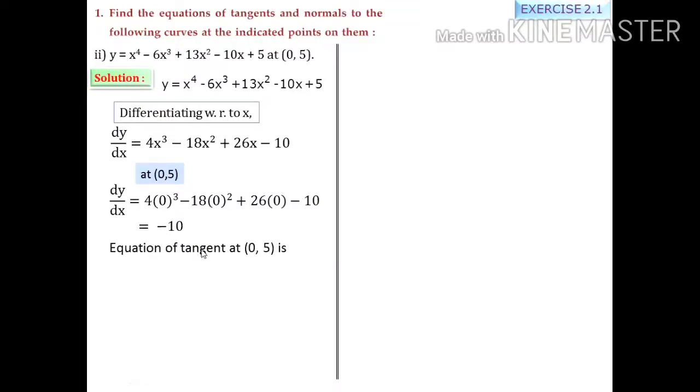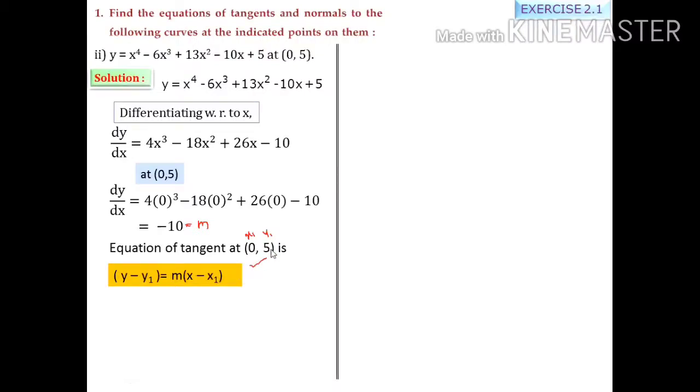So the equation of the tangent at point (0, 5) is obtained by the formula y minus y1 is equal to m times (x minus x1). This is the slope m. The value for the x1 coordinate is 0, the value for y1 is 5. Substitute in this equation. Let us see.